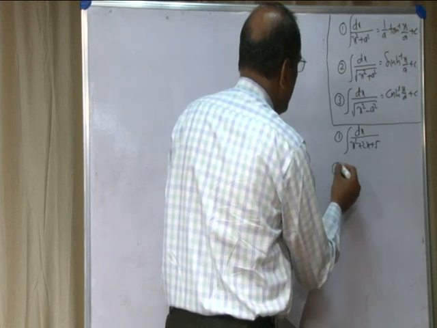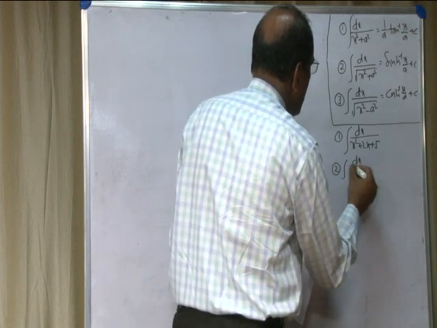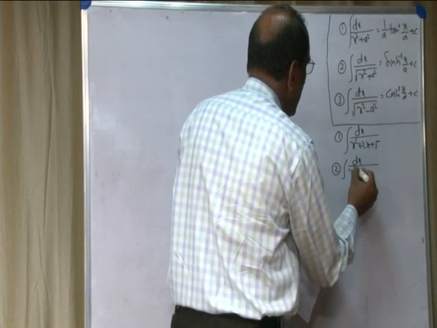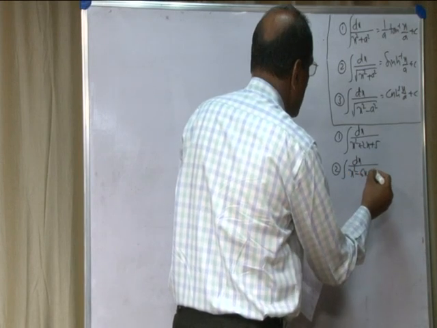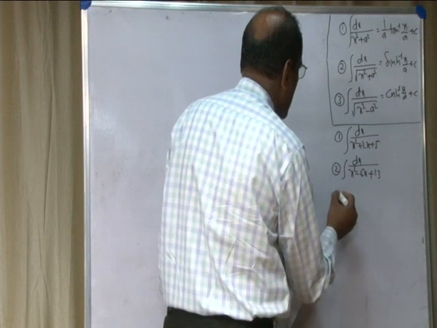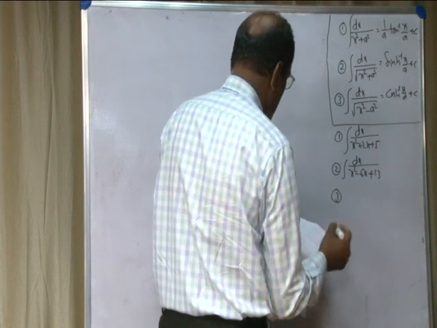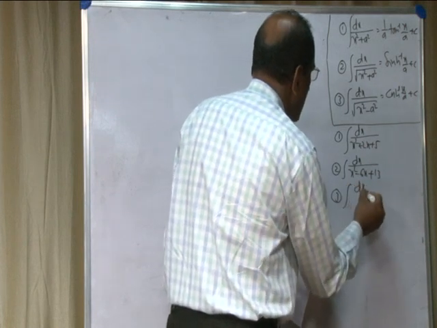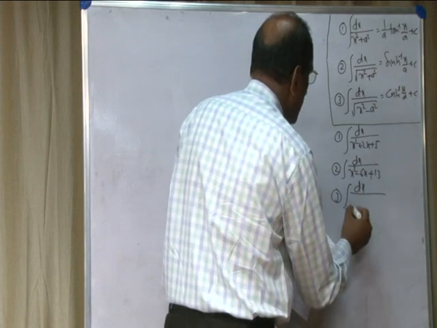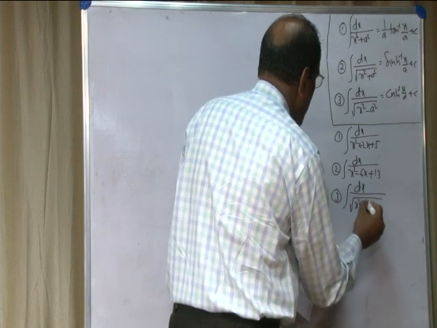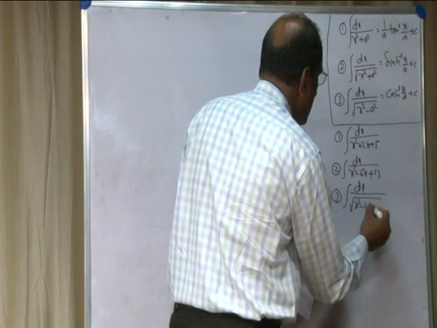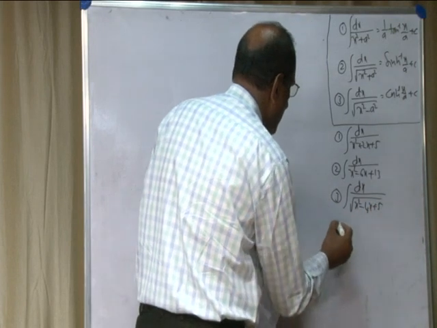Second problem, integration of dx divided by x square minus 6x plus 13. Third problem, integration of dx divided by root of x square minus 4x plus 5.